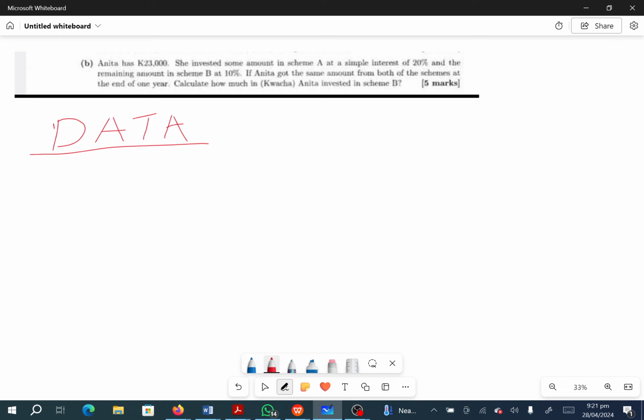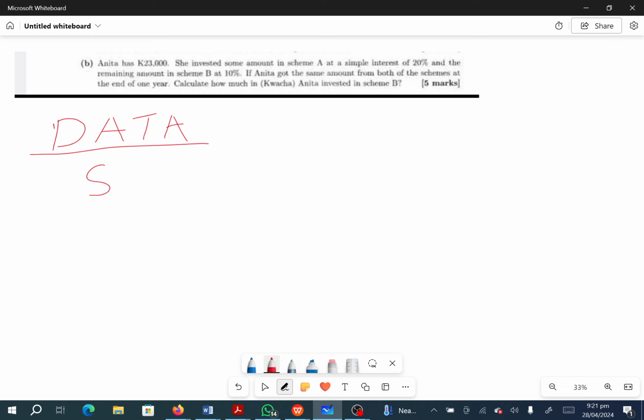Then we are told that Anita got the same amount from both schemes at the end of 1 year. Now they are asking us to calculate how much in kwacha Anita invested in scheme B.